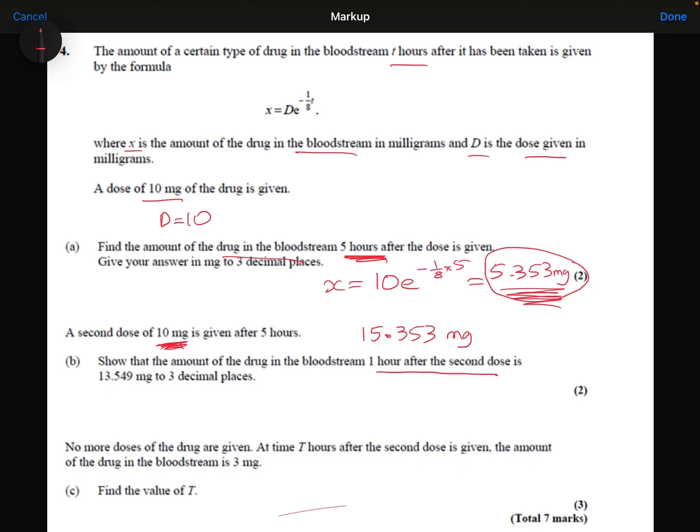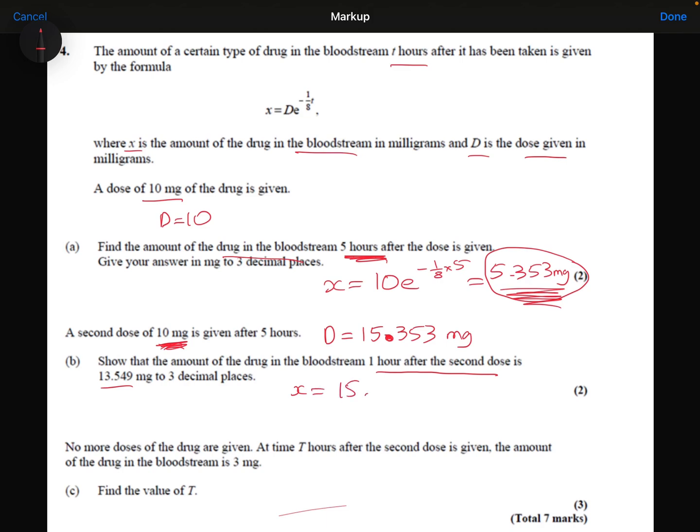1 hour after that, we need to show that x is 13.549. So let's use our model, whereas this time d is 15.353 because that's the amount that's in the blood. That's like the equivalent of the dose being given, because that's how much is in the bloodstream when t equals 5 hours.